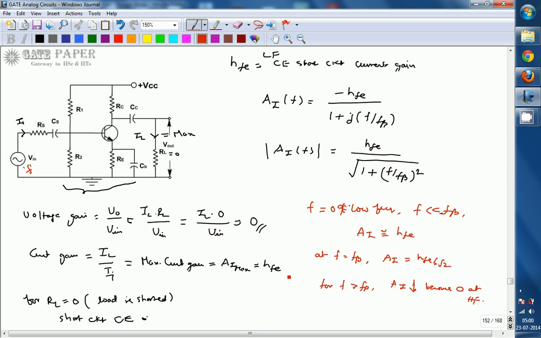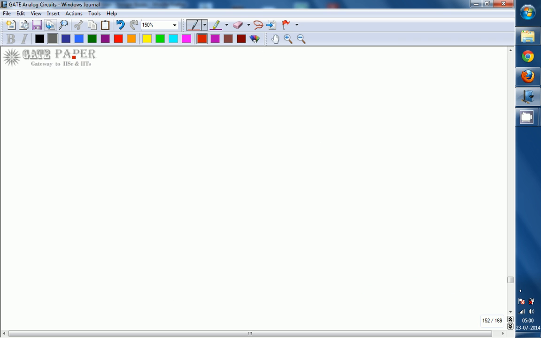We call f beta the bandwidth of the common emitter amplifier. If you draw the frequency response curve, you will get this. From the expression we can write the frequency response of the common emitter amplifier like this, magnitude of AI with respect to frequency.